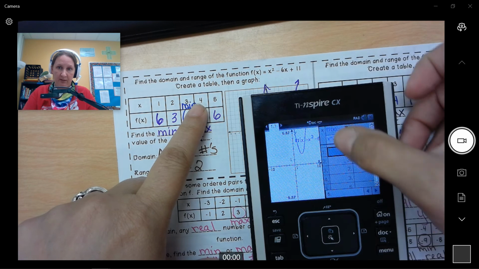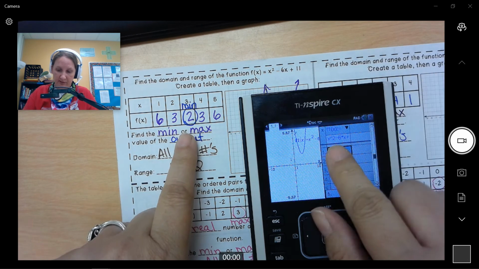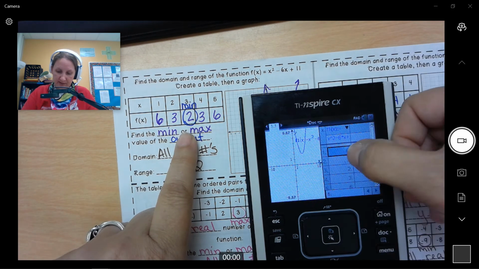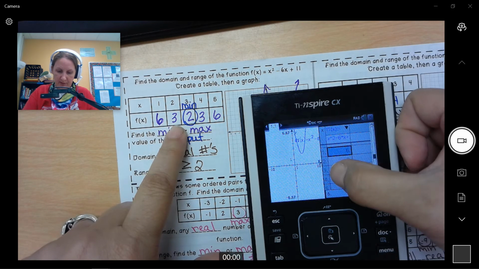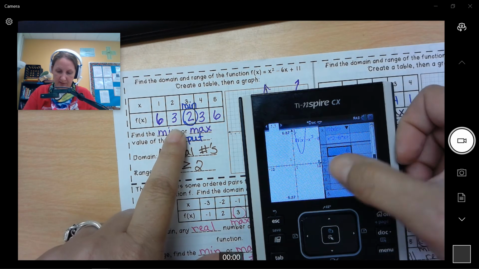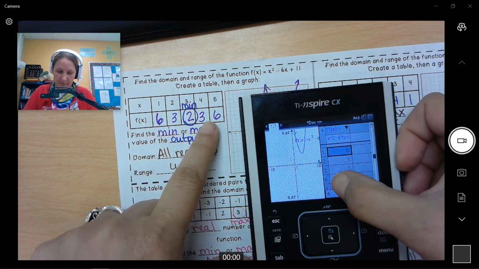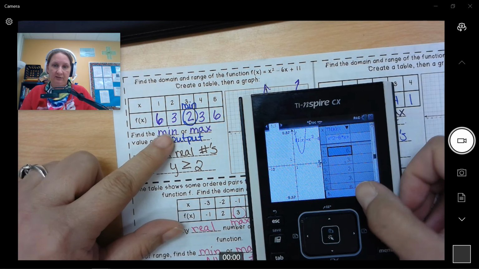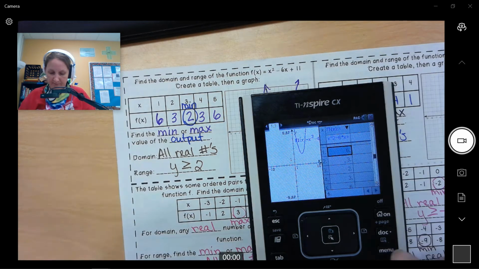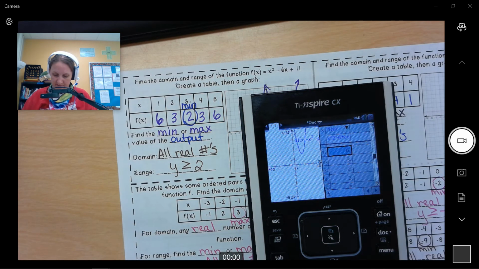The second column, notice it has the equation there. Means that these are your y's. So for 1, there's 6, 2 is 3, 3 is 2, 4 is 3, and 5 is 6.